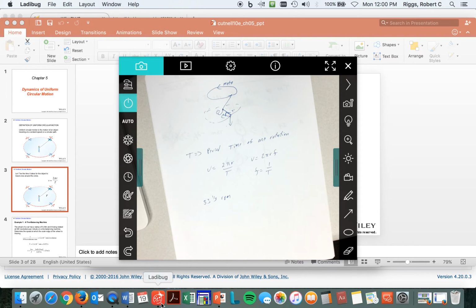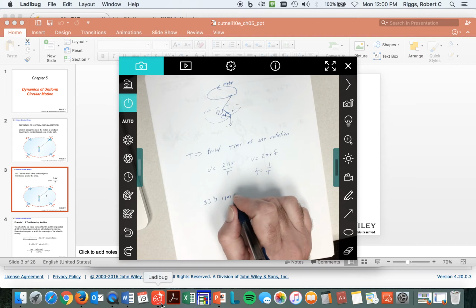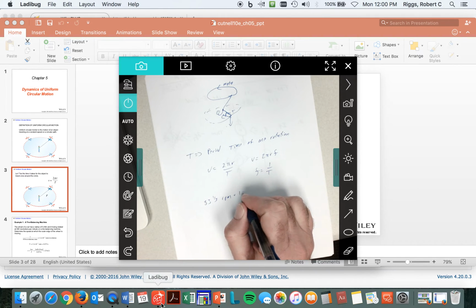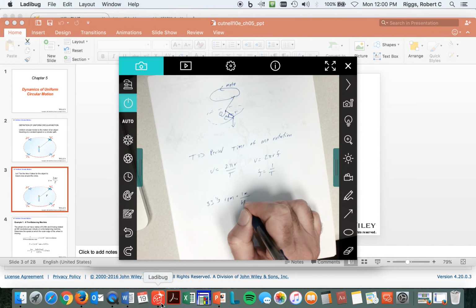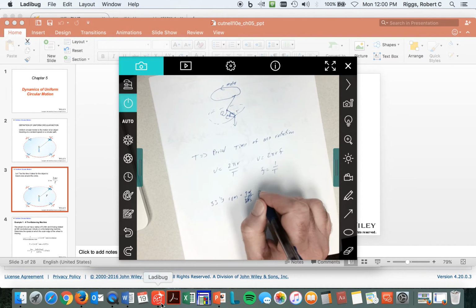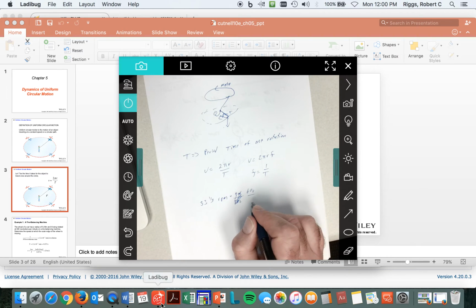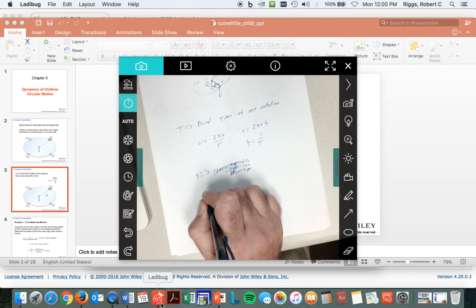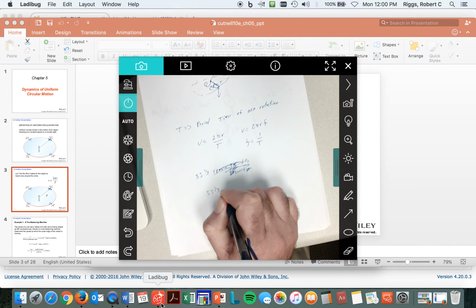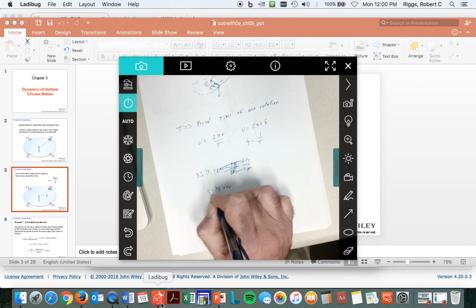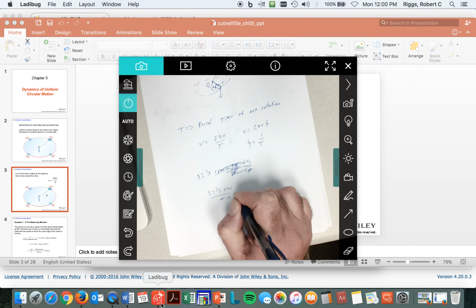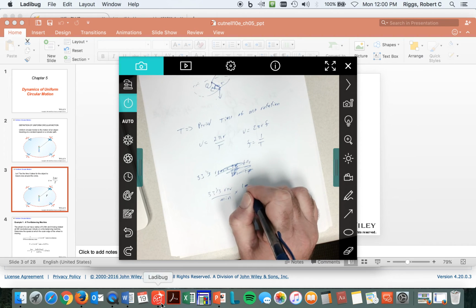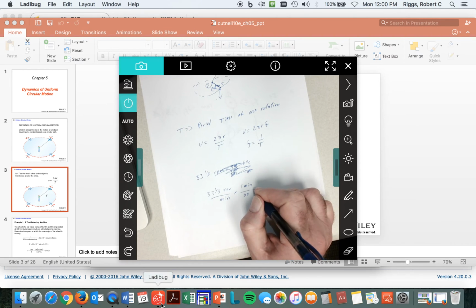If you divide this by 60, because 1 minute is 60 seconds, multiply by 1 minute, divided by 60 to get my 60 seconds.